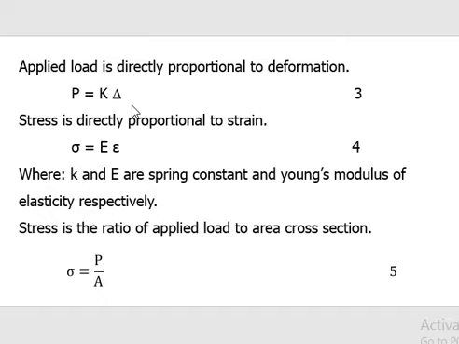Stress is a ratio of applied load to area of cross section. This is seen on equation 5. Dividing the applied load by the cross-sectional area of the member, or the area receiving the loads, you will get stress. Sigma, which represents stress, equals P, which represents load, all over A, which represents the cross-sectional area of the member.